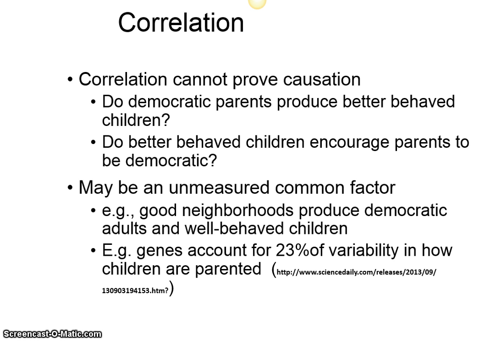Good neighborhoods produce democratic adults and well-behaved children, so maybe it's the neighborhood that is the impeding variable. What we also know about children as related to their parents is that genes account for 23% of the variability in how children are parented. So this is another variable that impacts that relationship.